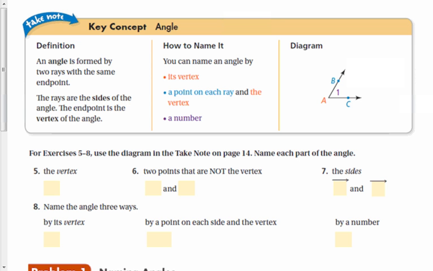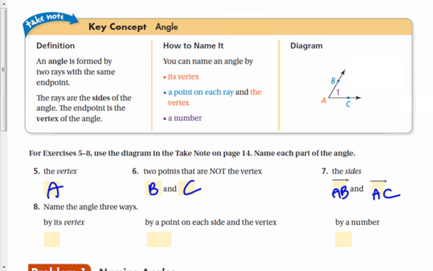So you could name an angle by its vertex. So we need to know the vertex. In this case, the vertex is A. Two points that are not on the vertex are B and C. And the sides are ray AB and ray AC.